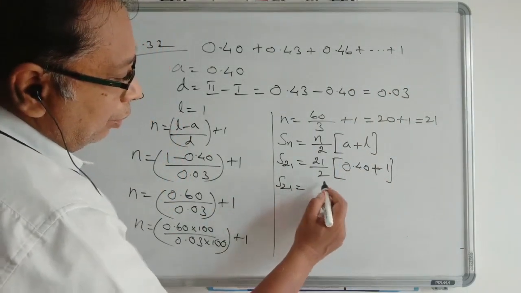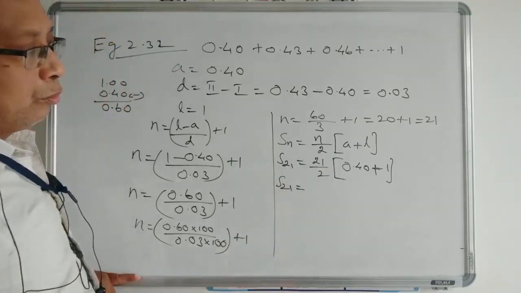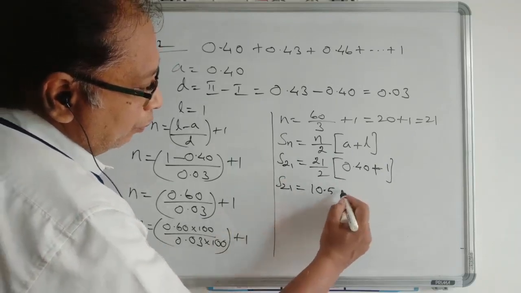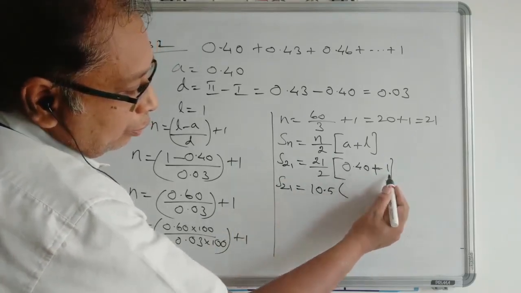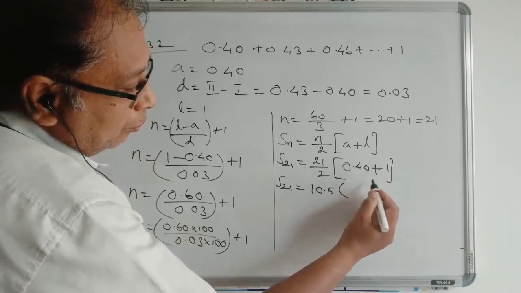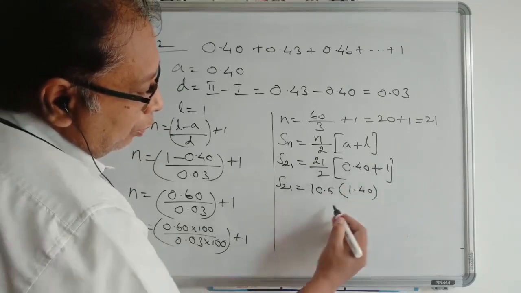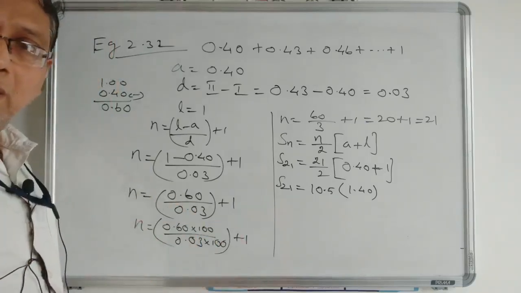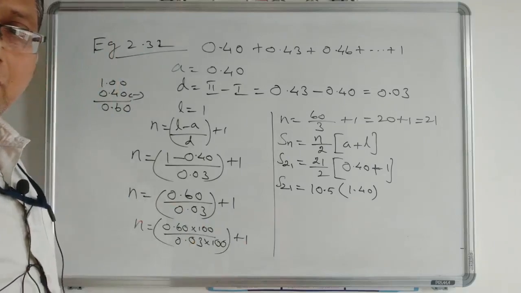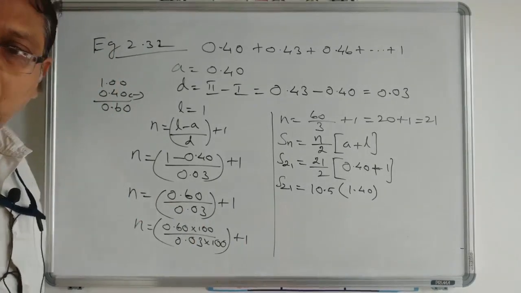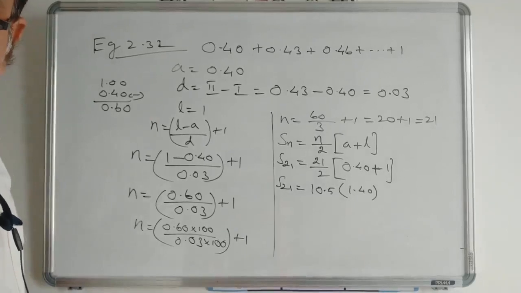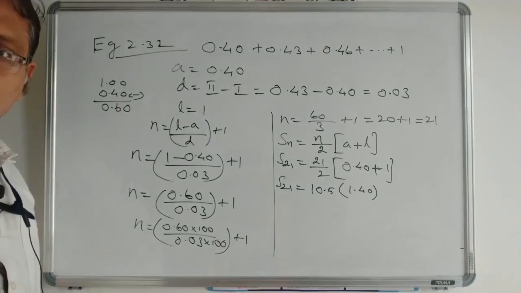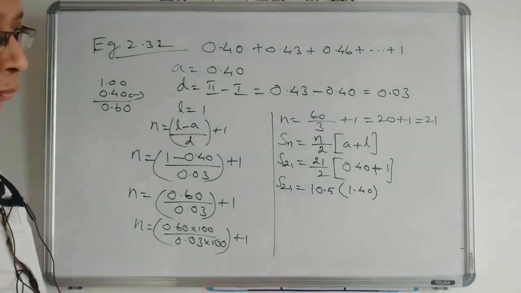Next, S21 equal to 21 by 2. 21 by 2 gives 10.5, into 1.40. 10.5 into 1.40, what is the value?